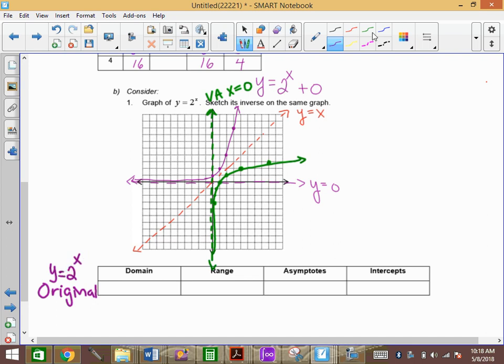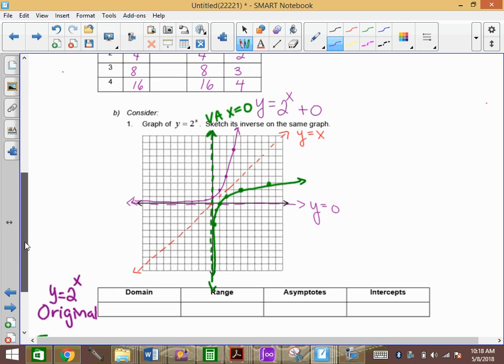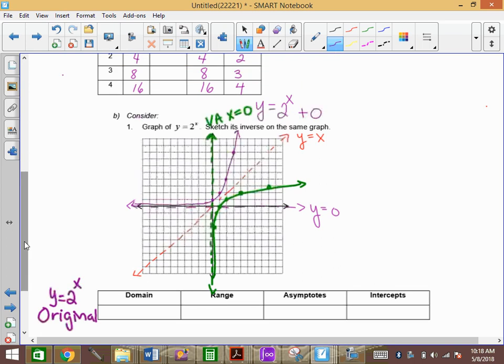And then we'll do inverse in green. So what's the domain of the exponential, of the purple graph? It does this. x is an element of the reals, because there's arrows going this way and arrows going this way, right? Out to the left and to the right. So it's x is an element of the reals, or in interval notation, negative infinity, infinity.